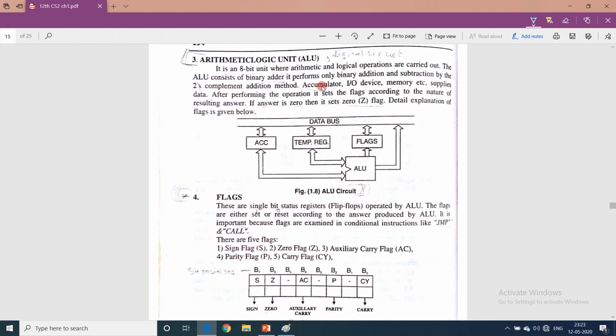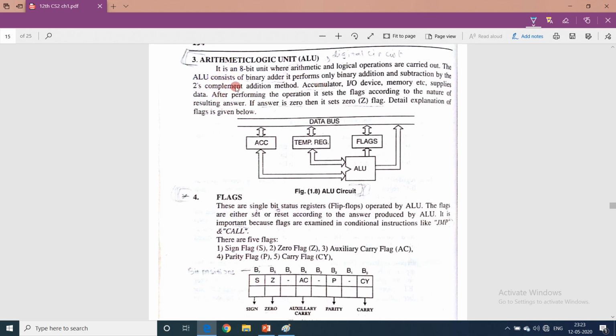If I want to perform the addition 2 plus 3, 2 is stored in the accumulator and 3 is stored in the B register. We discussed this add instruction. So the accumulator supplies data to the microprocessor, or any input output device connected to the microprocessor can supply data. Main memory can also provide data.